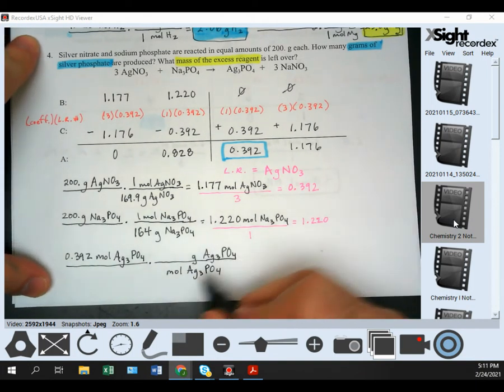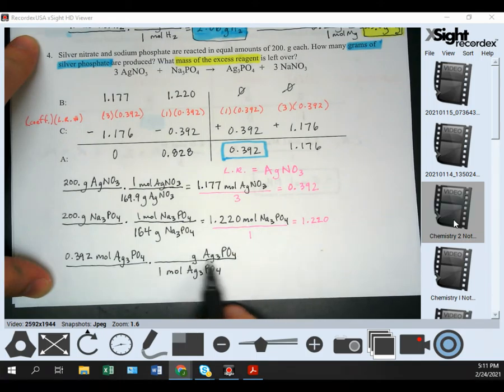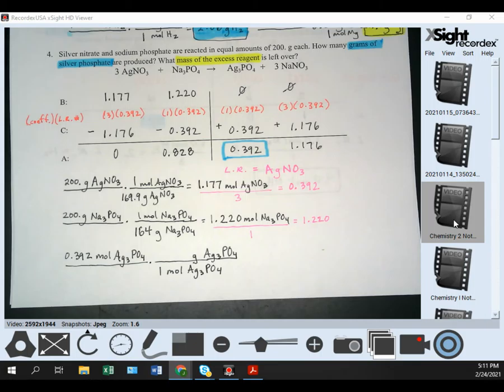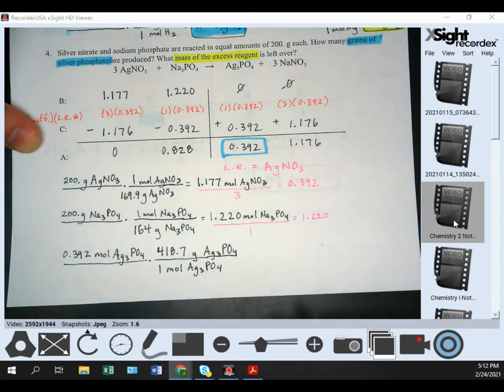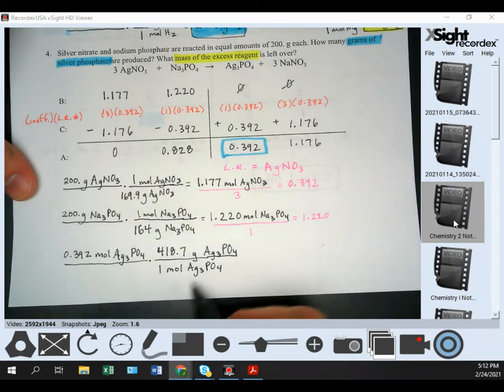Moles to grams, 1 for the mole. You have to multiply times the number of atoms, the masses, and add them up. So silver Ag is 107.9 times, we got 3 of those, plus 1 of the phosphorus, so it's 1 times 31 is 31, plus 4 times 16 for the oxygen, gives us a total of 418.7 grams of Ag3PO4 for 1 mole. Moles Ag3PO4 cancel. We're left with this, which is what we want.